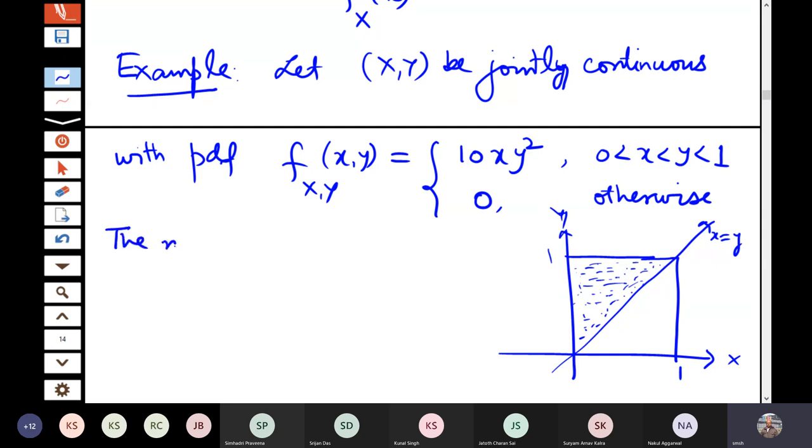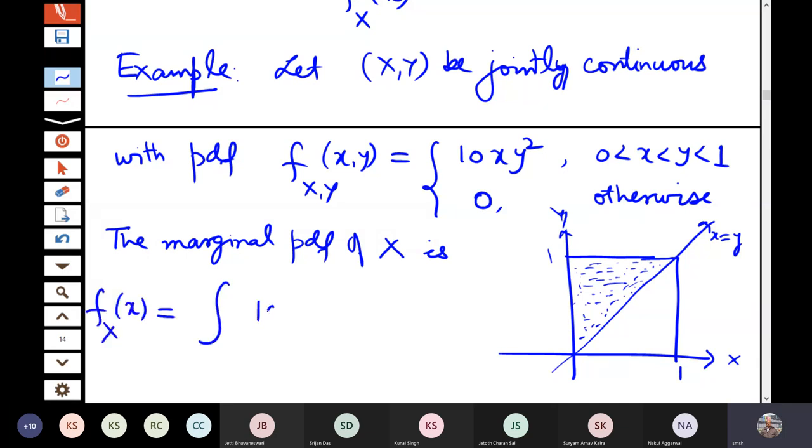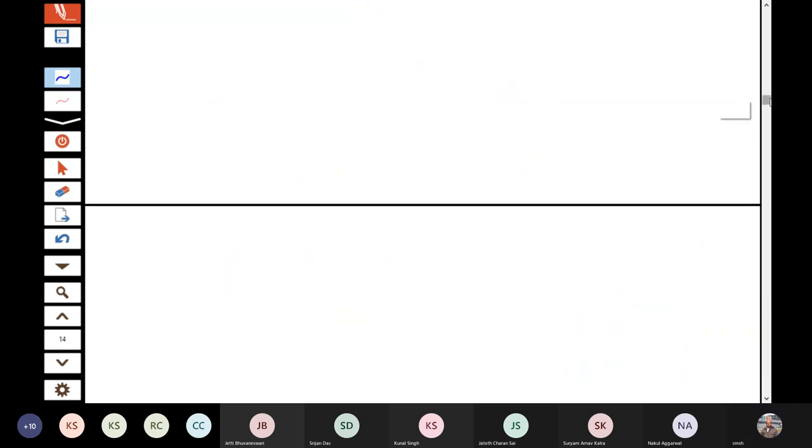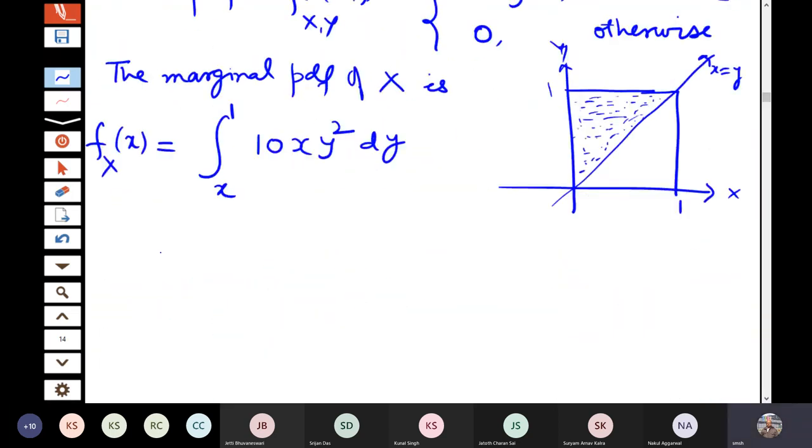So the marginal PDF of x is obtained by integrating the joint PDF with respect to y over the given region. So what is the range of y? Y is from x to 1. So if I integrate this, y cube by 3 I will get.